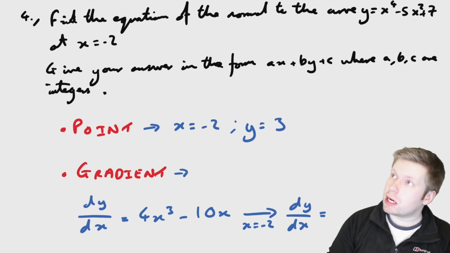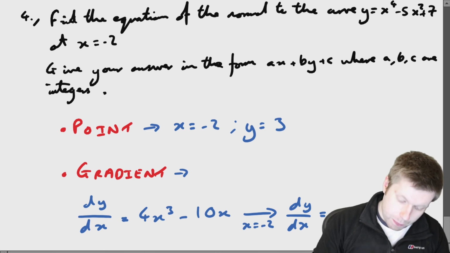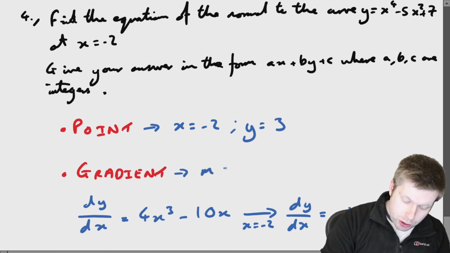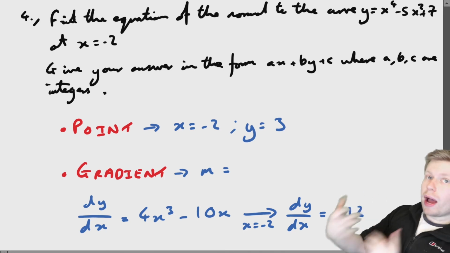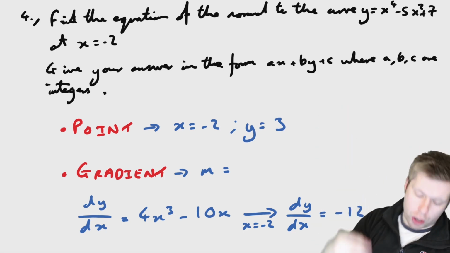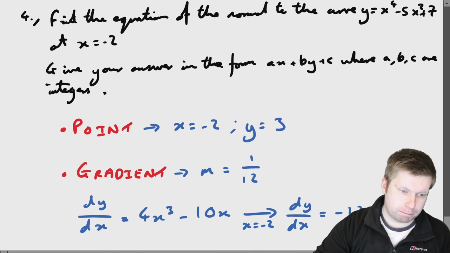Okay, so -32 plus 20, that's going to give me -12, okay? Which means that the gradient of my normal line should be the negative reciprocal. In other words, instead of it being -12, it should be positive 1/12. Okay, so there is the gradient of my normal line.